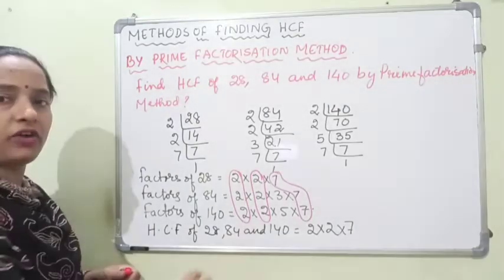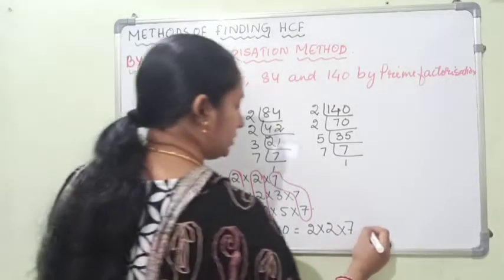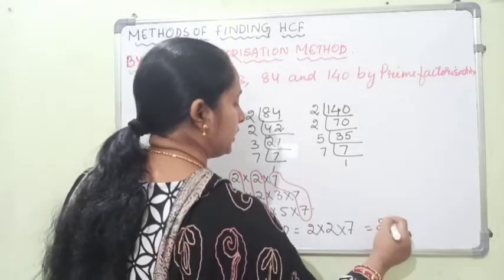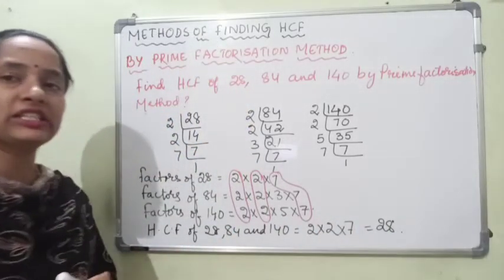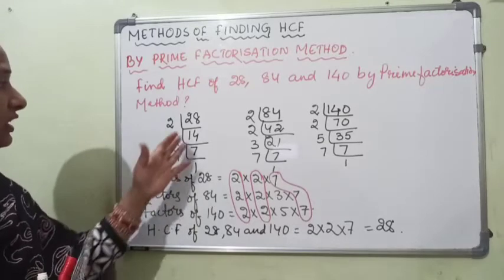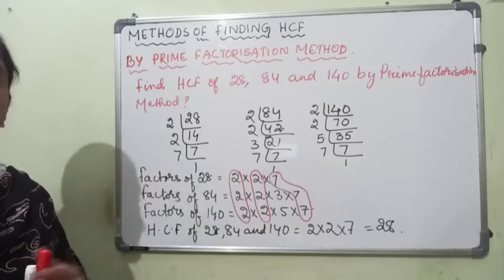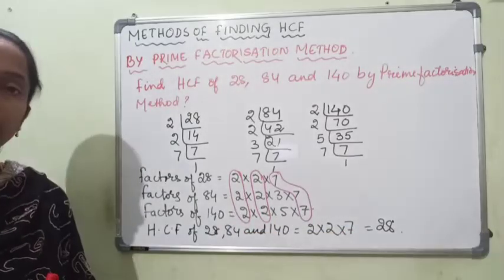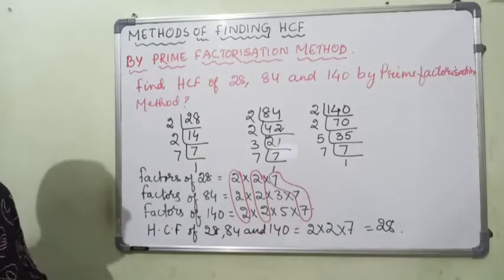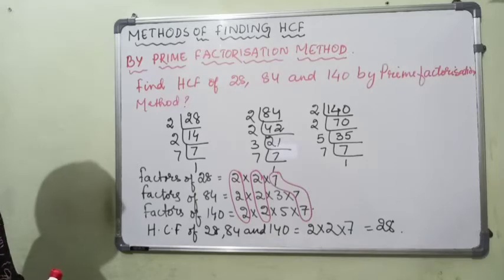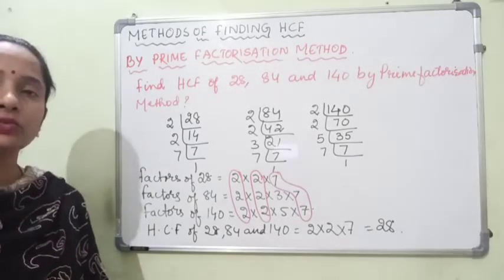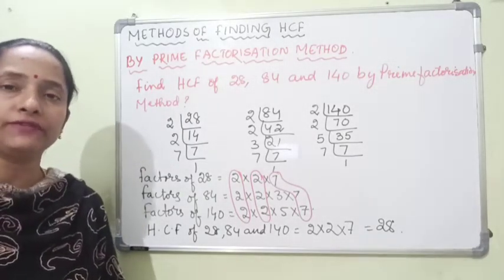So multiply them. 2 twos are 4, 4 sevens are 28. So what is the highest common factor of the given three numbers using the prime factorization method? It is the number 28. Understood? So this is the procedure for how we find the highest common factor of any given numbers by the prime factorization method. Next we will move to the long division method.